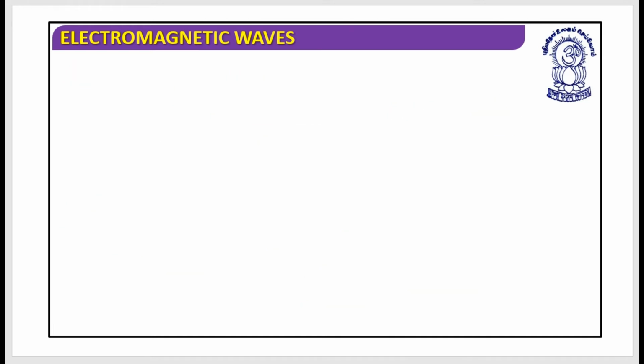And last but not the least, it's the electric field expression. So what we understood is that to write down the E, I require E naught sine kx minus omega into t, as well as I want the direction.